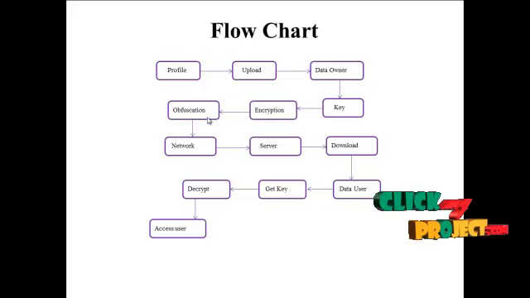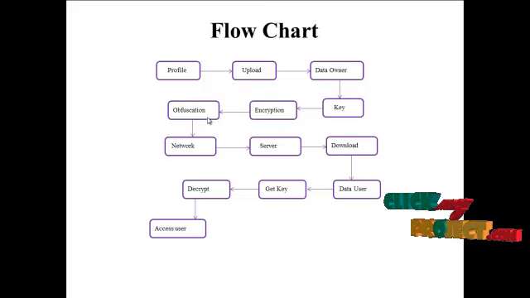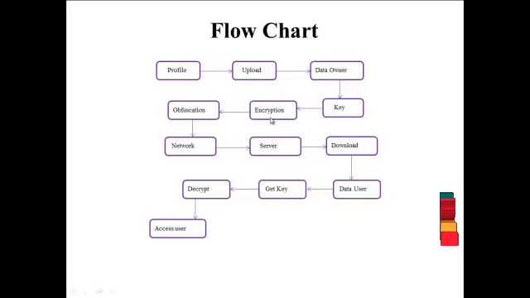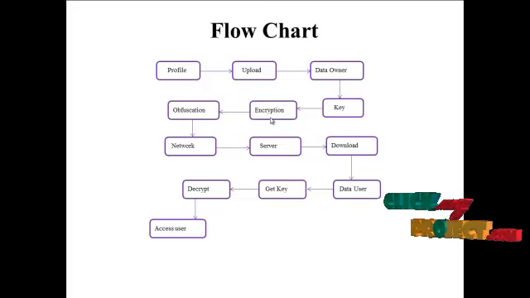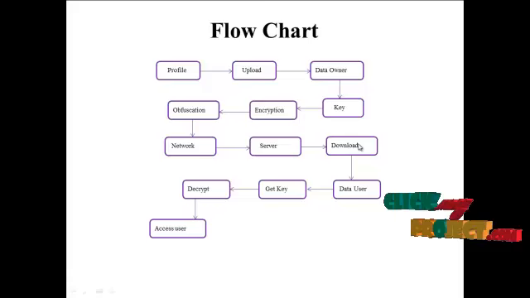The data is also obfuscated, and without de-obfuscation we cannot retrieve the original data, and encrypted data cannot be used without decryption. Finally, the data is successfully stored on the server, and the user can retrieve the data.